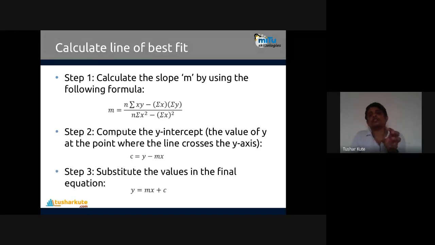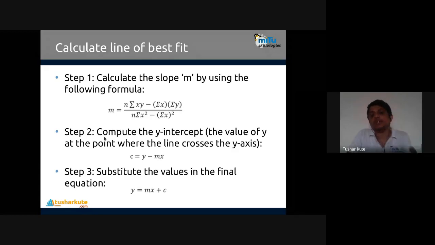This is your numerator, and the denominator will have n into the summation of x squared, that is the input variable squared and then summed together, minus the square of the summation of all x. This is the formula to find the slope of the line.